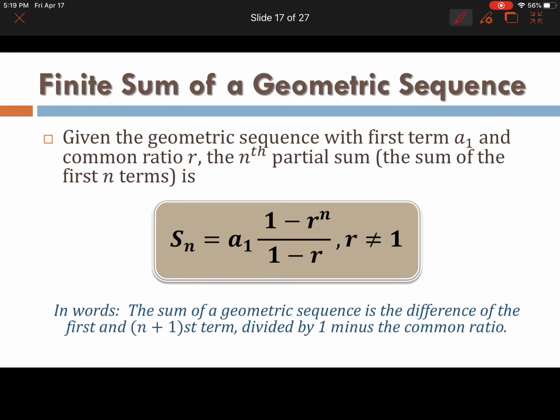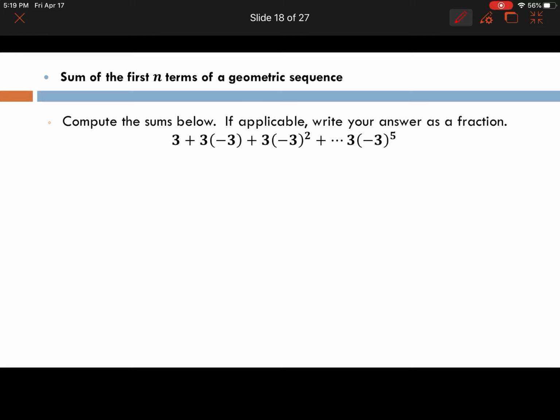This is another one of those equations you might have to use. Okay, so these are written for you in the form where everything is clear, right? So the fact that this exponent is a 5 means that this is the 6th term, right?